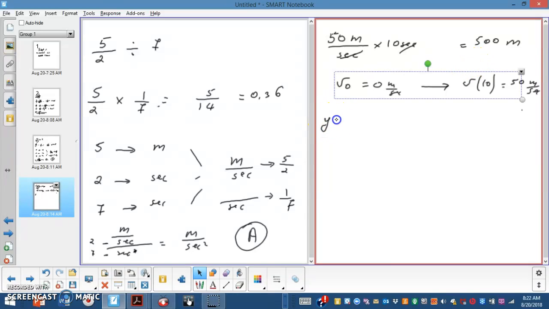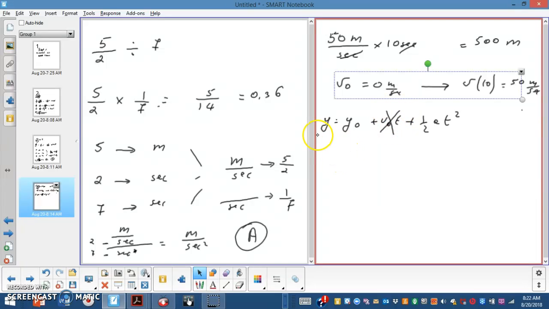So your equation instead is going to be the one that you remember from class, y equals y0 plus v0 t plus 1/2 a t squared. So you have initial velocity 0.